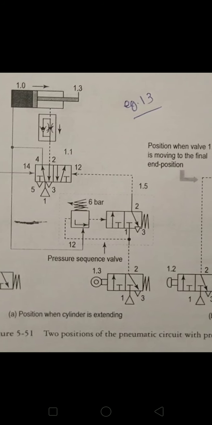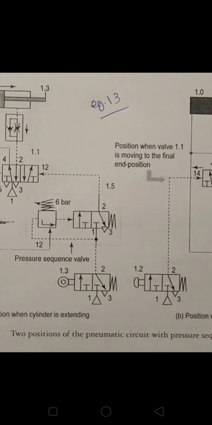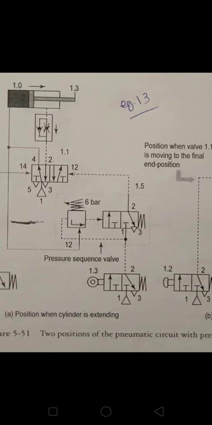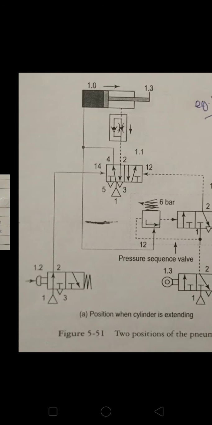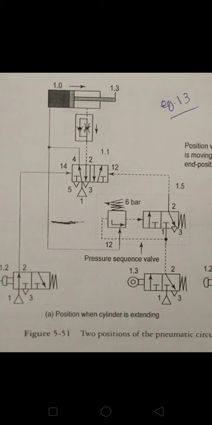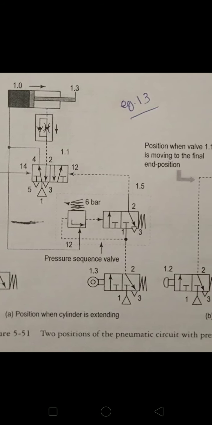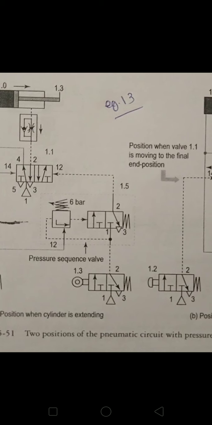to the cylinder to gauge the pressure on the piston side of the cylinder, right? So as valve 1.2 initiates, the forward motion of the cylinder takes place. While the cylinder is moving forward, the pressure in the power line from port 4 of valve 1.1 to the cylinder will not build up to the working pressure.